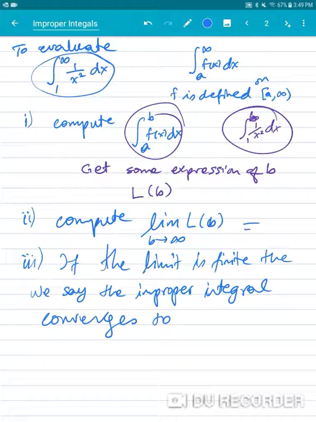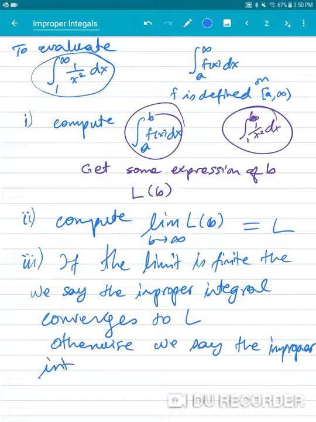Let's say that this limit is, I don't know, L. So it converges to L. Otherwise, we say that the improper integral is divergent. So the limit could be infinity, or the limit could not exist. In that case, we say the improper integral is divergent.